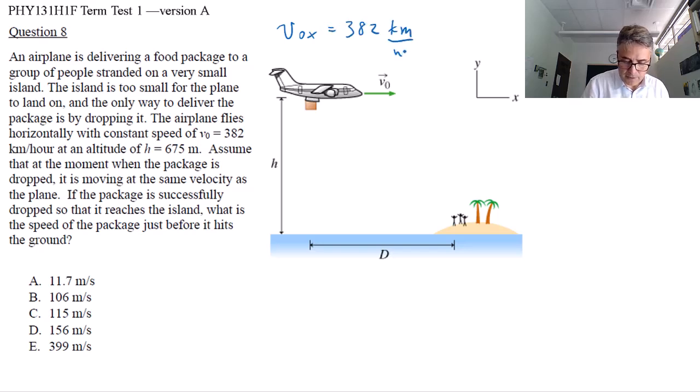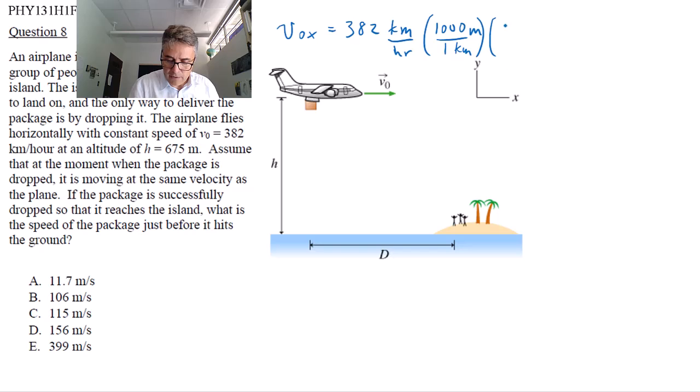Whoa. Okay, so the first thing I want to change here is 382 kilometers per hour. That's kind of nasty. So what we have to do is convert that. I would do 1,000 meters is 1 kilometer, to cancel the kilometers. And then in terms of hours, you want 1 hour is 3,600 seconds.